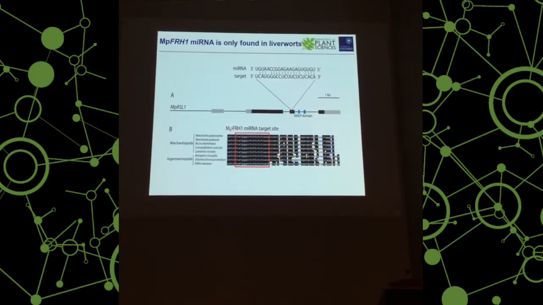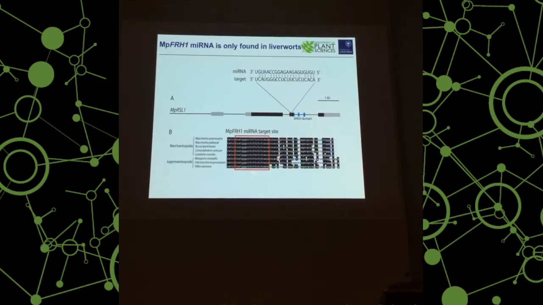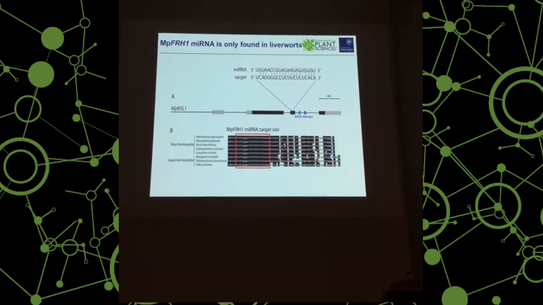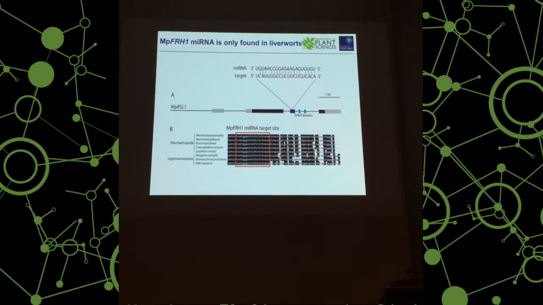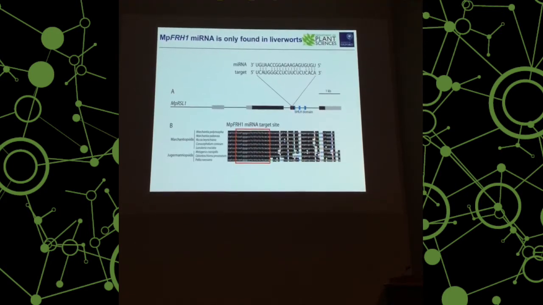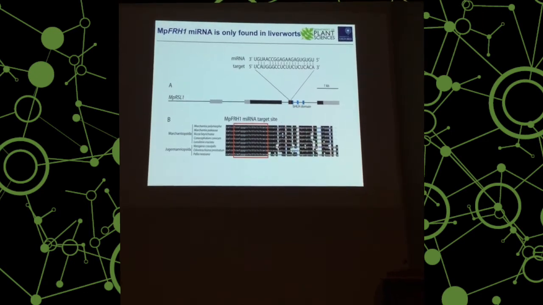And the FRH1 microRNA target site is entirely conserved in these species, and you see outside of this conservation box, you don't see that much conservation. So we think it's unlikely that the Arabidopsis RSL1 gene is controlled by a microRNA, although we're not 100% sure.